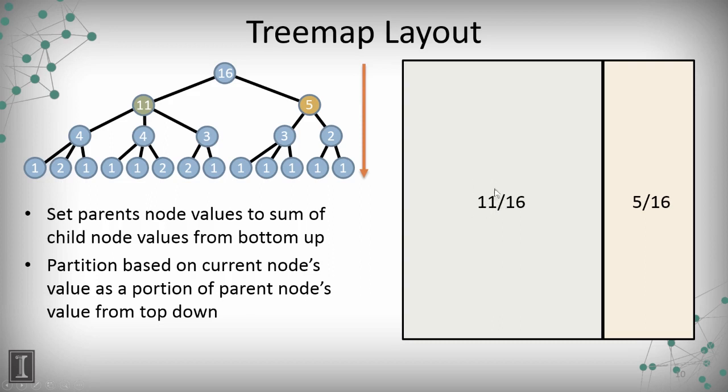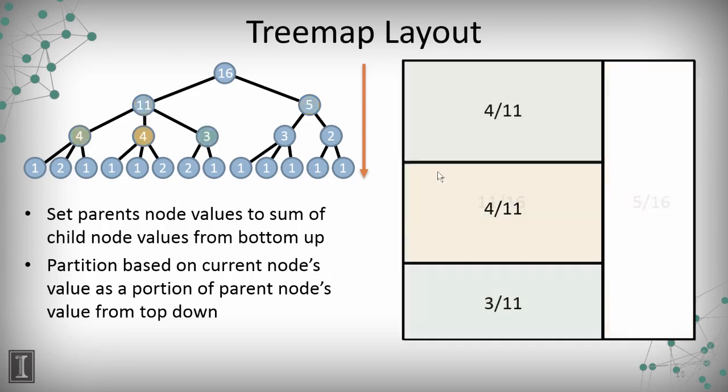So now we've got this portion here on the left representing 11. We need to subdivide that into portions representing 4, 4, and 3. So we subdivide them into a portion that's 4/11ths along the way, another 4/11ths along the way, and then finally another 3/11ths along the way, representing each of these three nodes.